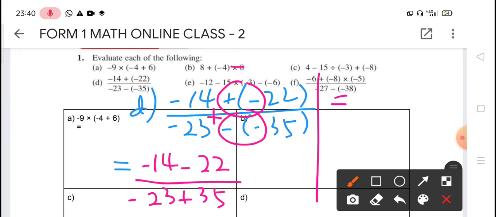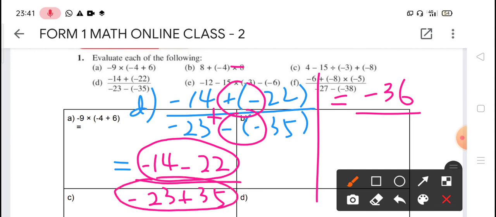Negative 14, negative 22. Okay, you can use calculator to press on, or you can think like this. 你欠人家14块，又再欠多22块，总共还是欠，也就是 negative，总共欠多少？36. Okay, next down here, negative 23 add with 35. This one, what should you get? You will get 12. So lastly, negative 36 divided by 12, you get negative 3. Okay, so the answer will be negative 3.